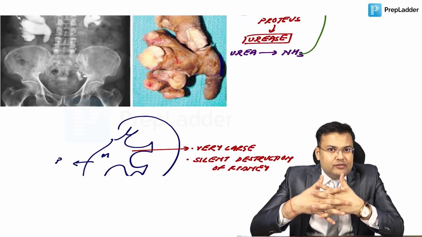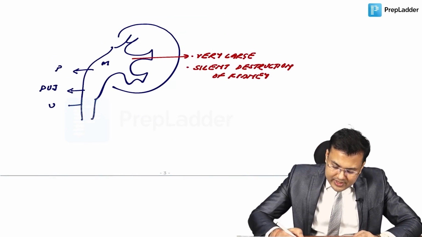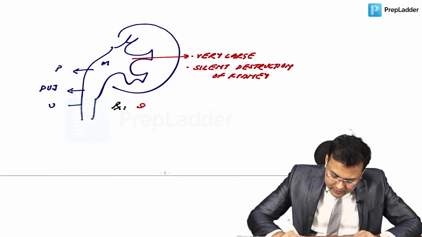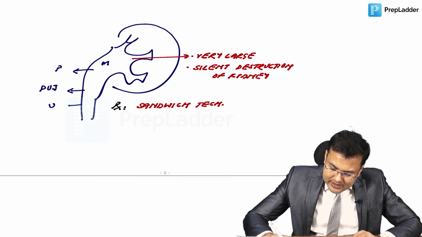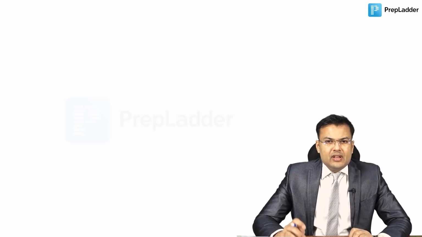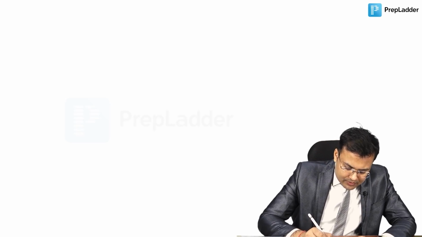So how do we treat these stones? By the sandwich technique. Clear? In this sandwich technique we use PCNL plus ESWL. Next is cysteine stone.